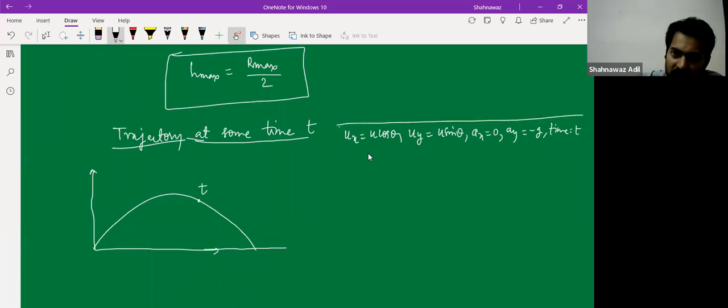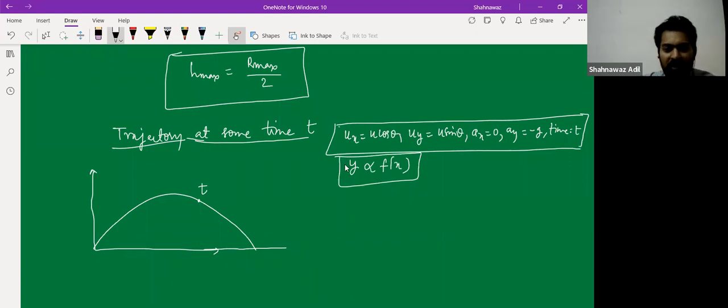So using this information we will calculate the trajectory. Trajectory means y as a function of x. Okay. So we have to calculate y as a function of x. Understood? So let's calculate x. X will be what? Abhinav, x will be what?